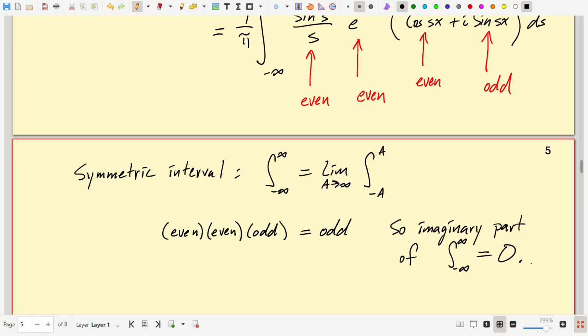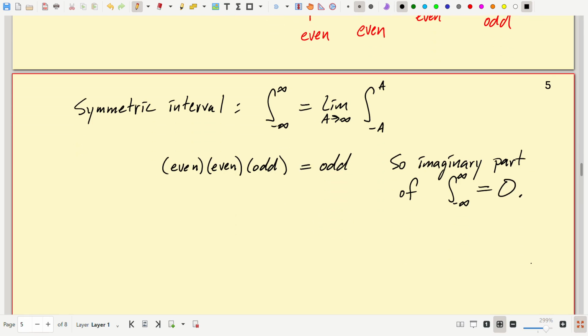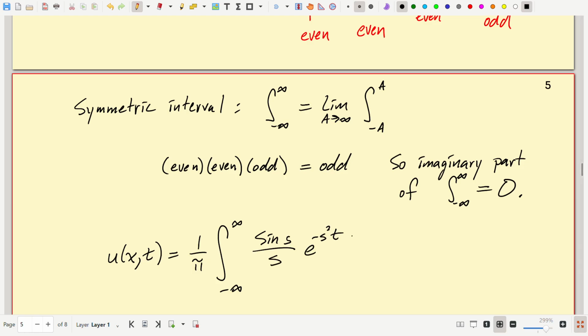And so what I get is that my solution is this explicit thing: 1 over pi, integral from minus infinity to infinity, sine s over s, e to the minus s squared t, cosine sx ds.